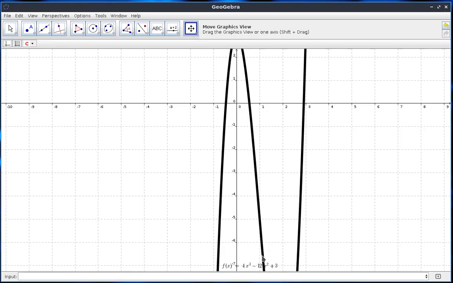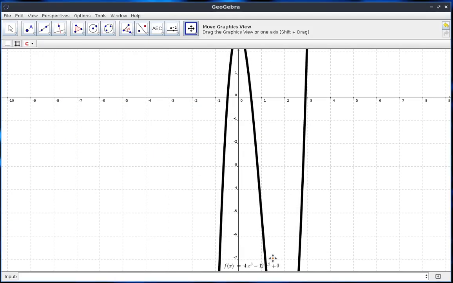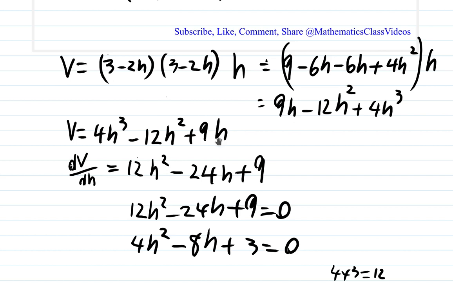The original function is 4x cubed minus 12x squared plus 9x.